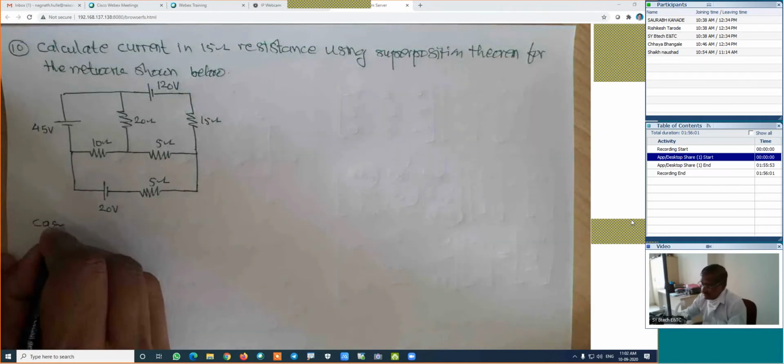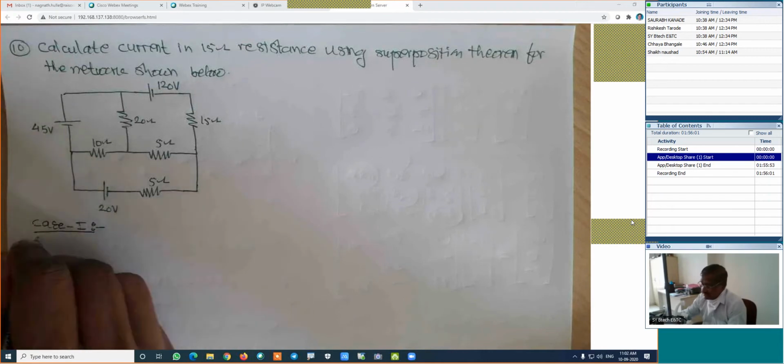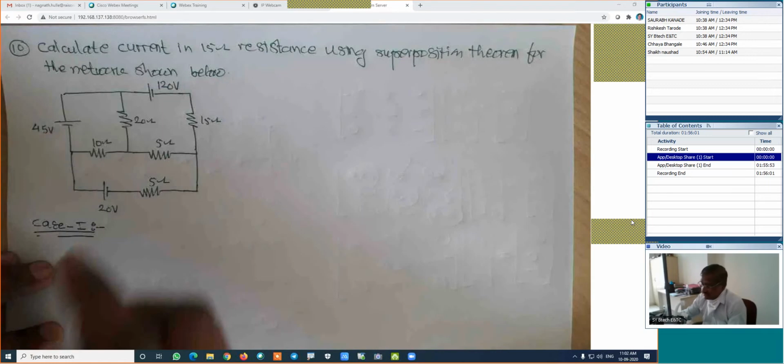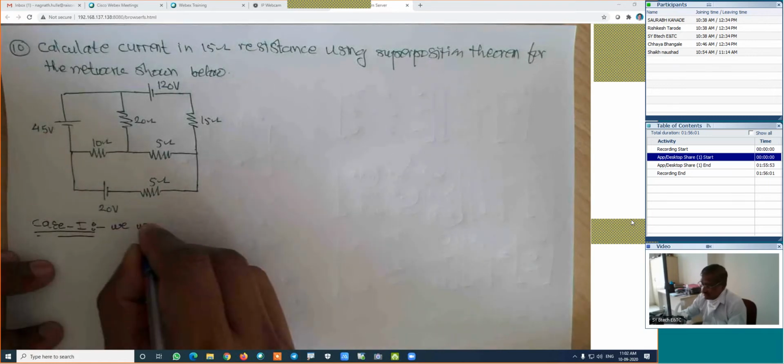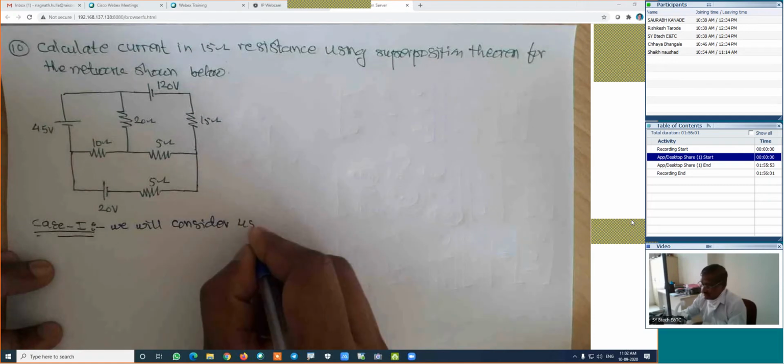Case 1. Now look at what I am doing in case 1. In the first case, we will consider the 45 volt source.